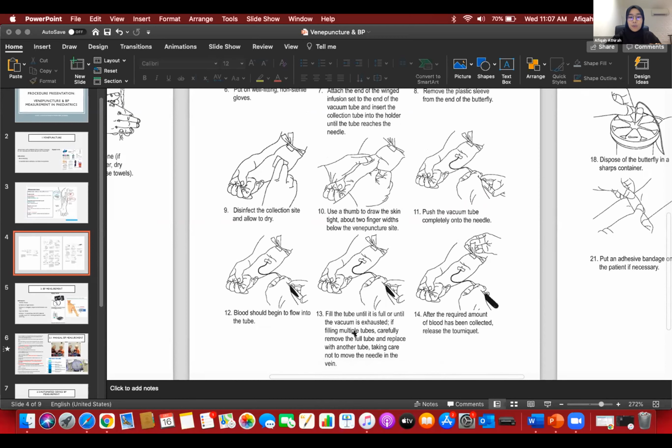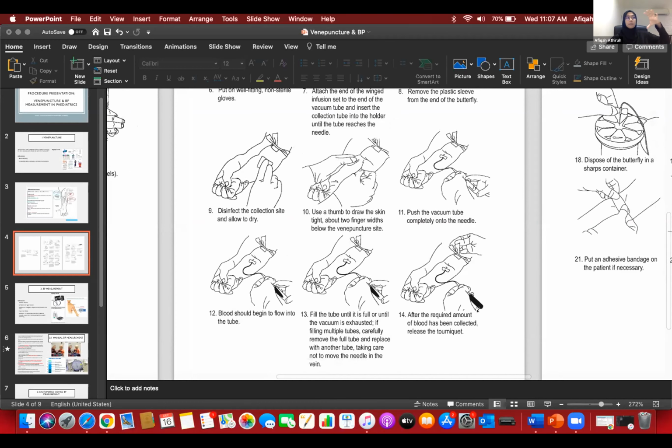But if we need to fill multiple tubes, we carefully hold the needle in place, make sure the needle is not moved, and then we just change the tube. After the required amount has been collected, using the other hand, if we applied a tourniquet, we release it.